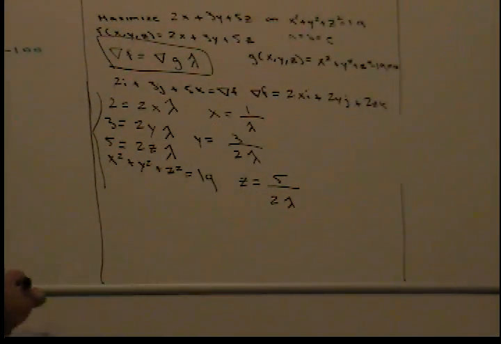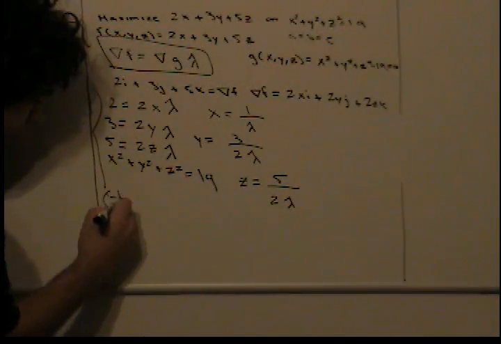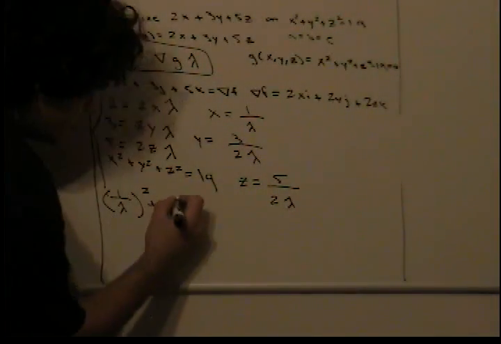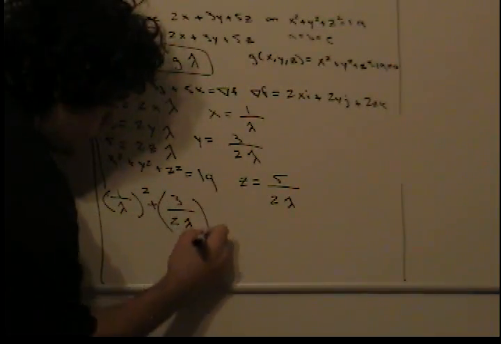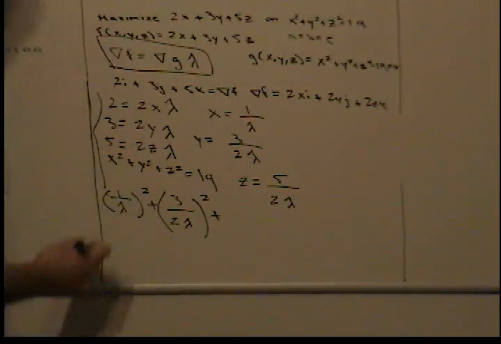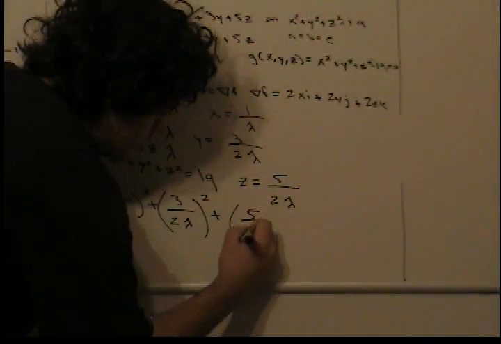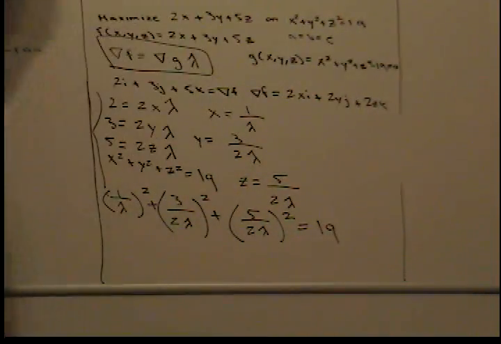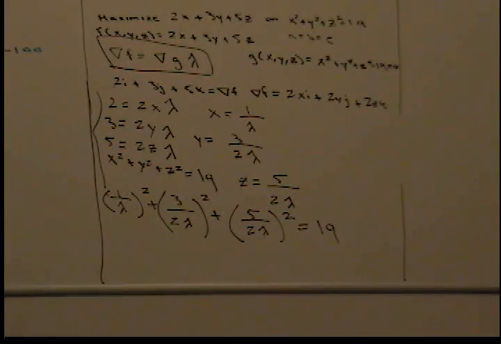We have x equals 1 over lambda, so x squared is 1 over lambda squared, plus y squared, which will be 3 over 2 lambda squared, plus z squared, which is 5 over 2 lambda squared, equals 19. Now if we solve this equation for lambda, we can finally figure out what lambda equals.